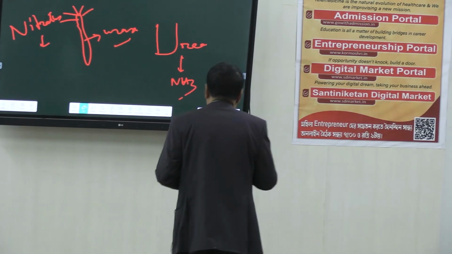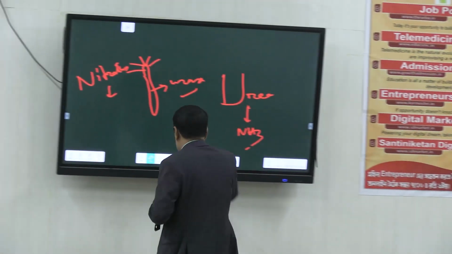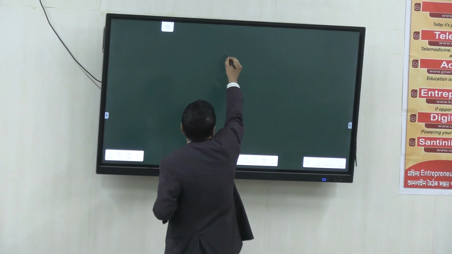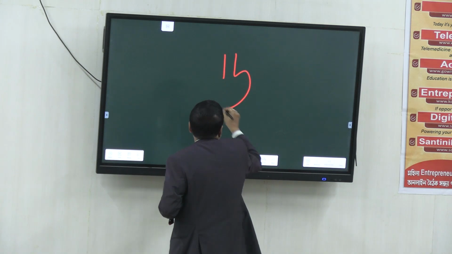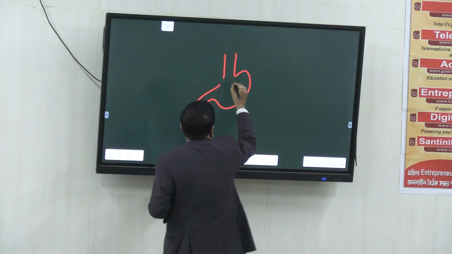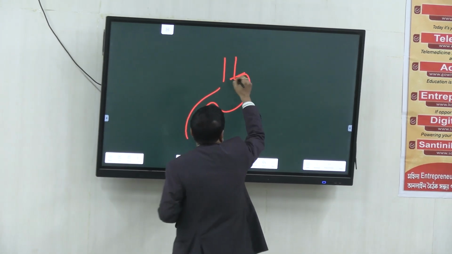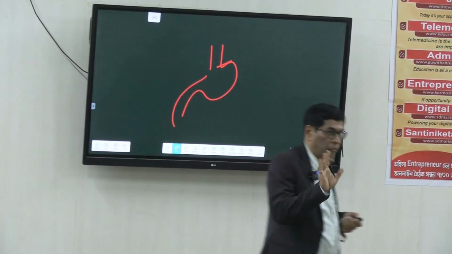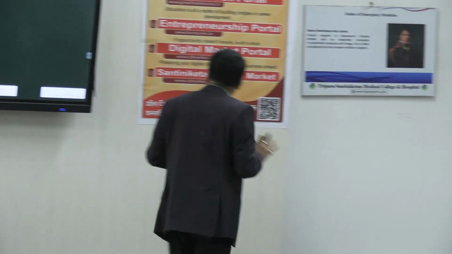Alright. There is also a terminology called Barrett esophagus. See that, this is your esophagus, lower end of the esophagus. This epithelium is squamous epithelium.